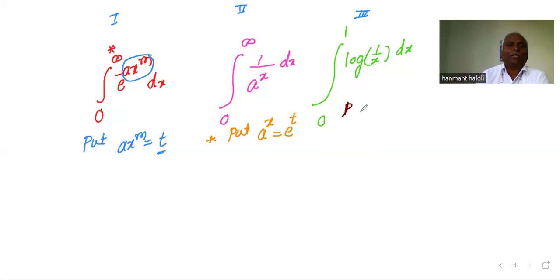Now here you can put log of 1 upon x equal to t, or you can say log x equal to minus t. I'll show you examples one by one. Now suppose a first form, how they ask the question, I'll take an example here.